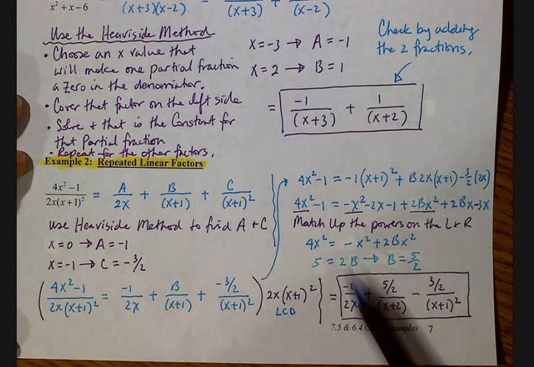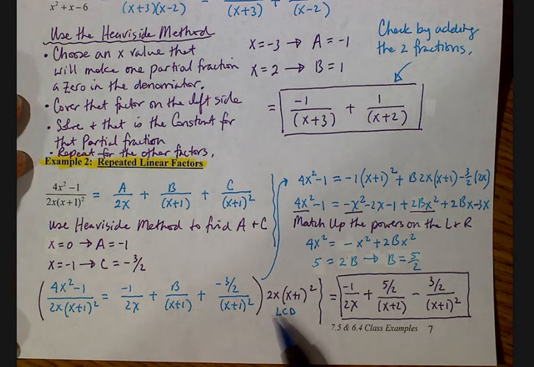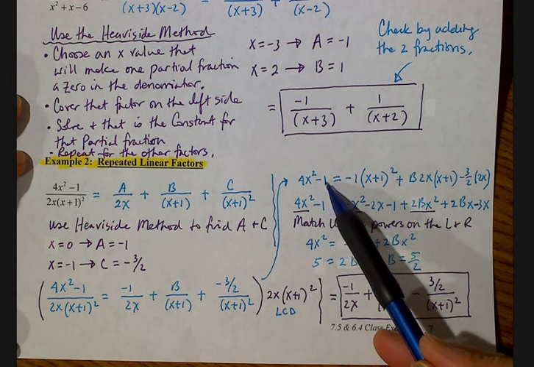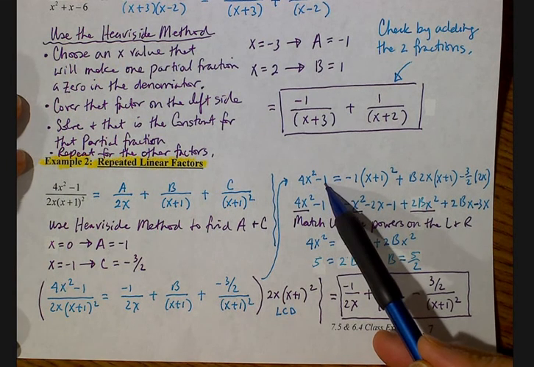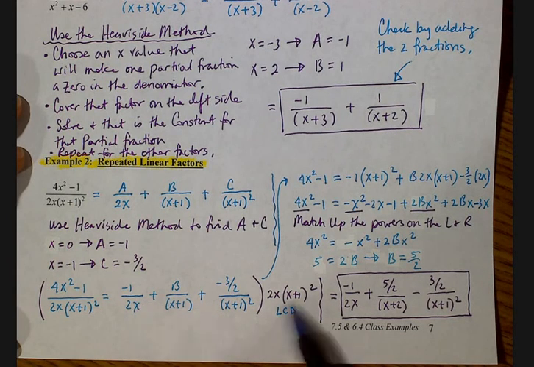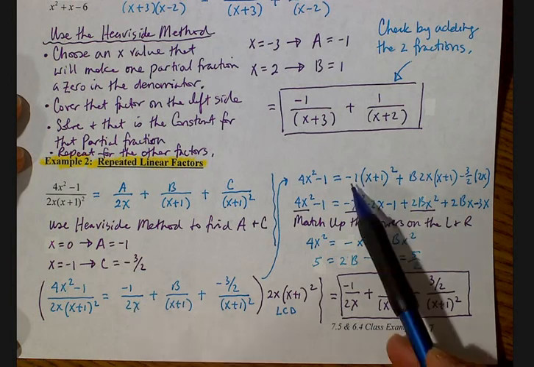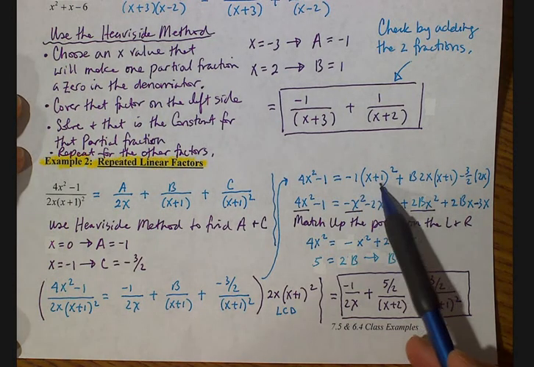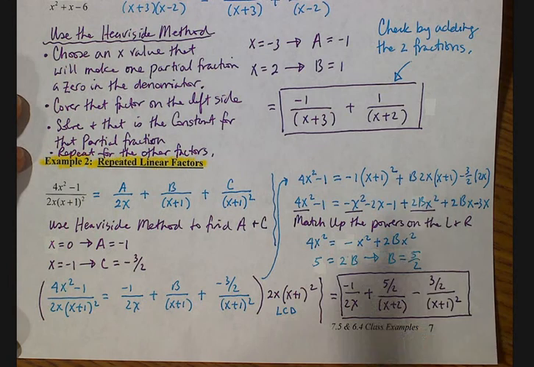Okay, so when I do that, that takes me up here. So if I multiply this times this, the denominator here, and this will just cancel out, which will leave me with 4x squared minus 1. Then for this one, I'm going to multiply this times this, so the two x's will cancel out, and then I'm left with negative 1 quantity x plus 1 squared.